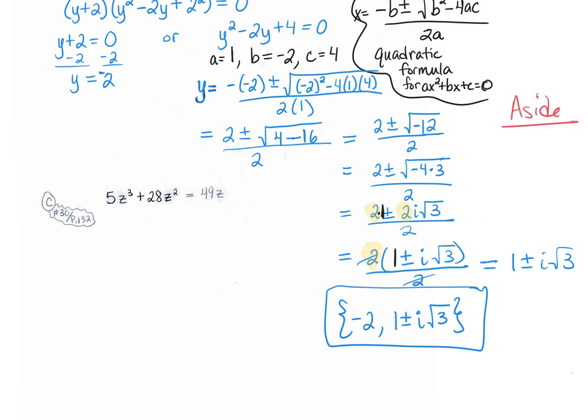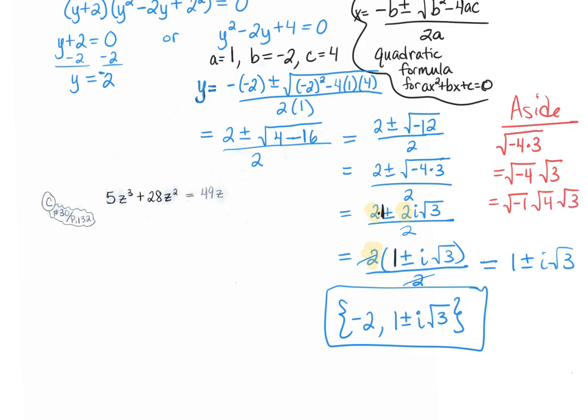So we have the square root of negative 4 times 3. Are we okay with that? This is the same thing as the square root of negative 4 times the square root of 3. This is the same thing as the square root of negative 1 times the square root of 4 times the square root of 3.